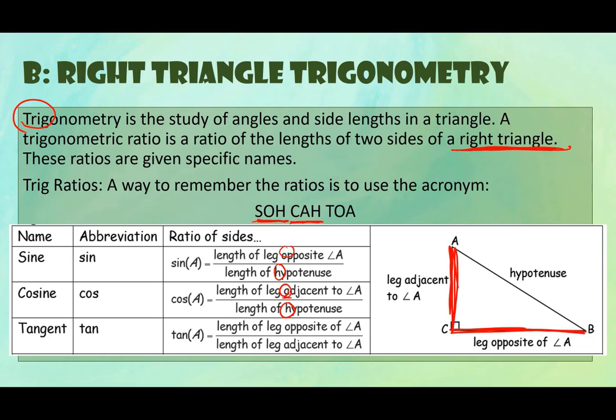You'll notice that tangent does not include the hypotenuse, but sine and cosine do. And we have opposite and adjacent, which is where we get the TOA. So we have SOHCAHTOA. Sine is opposite over hypotenuse, cosine is adjacent over hypotenuse, and tangent is opposite over adjacent.